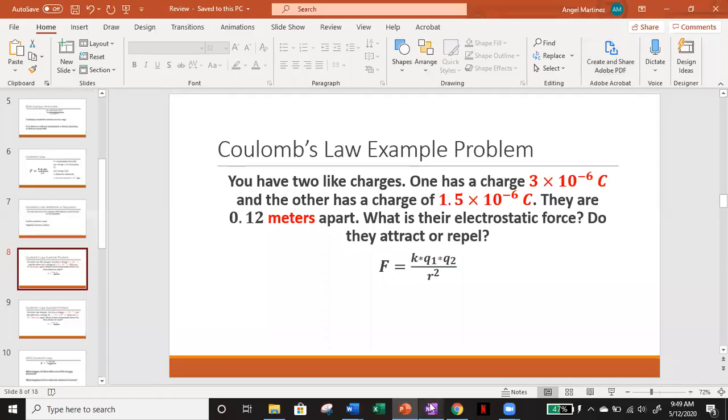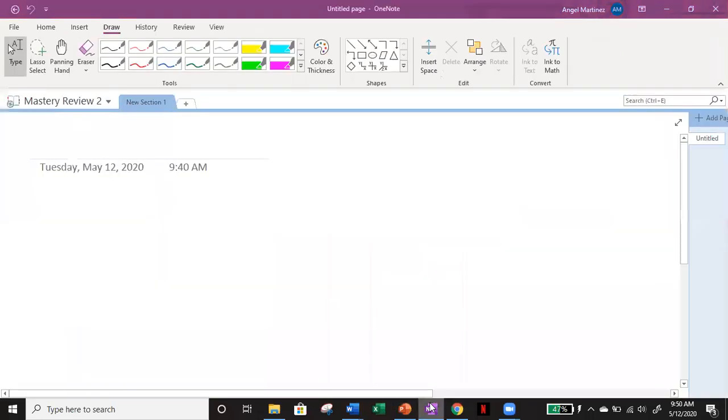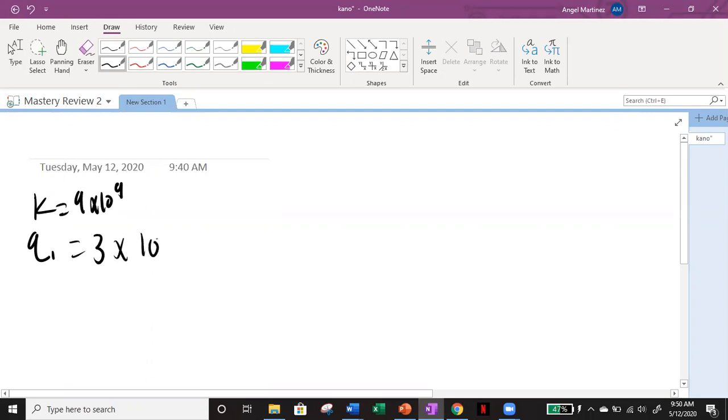All right, so let's do this. First, let's list our variables. We know that K will always be 9 times 10 to the 9. Q1, one of the charges, was 3 times 10 to the negative 6.